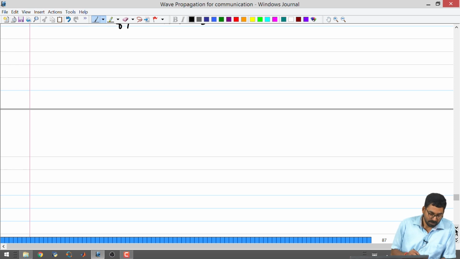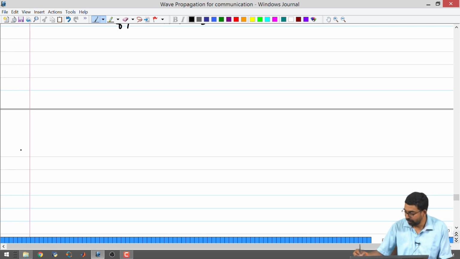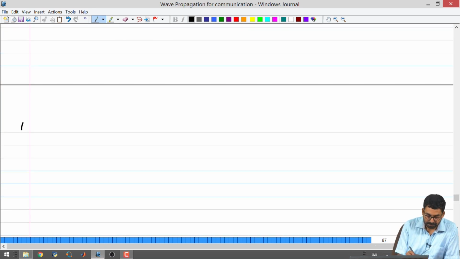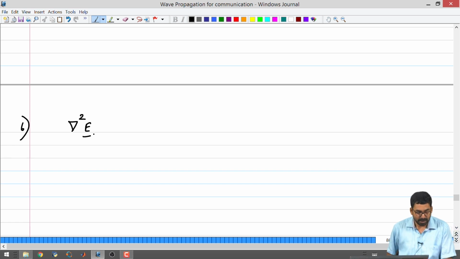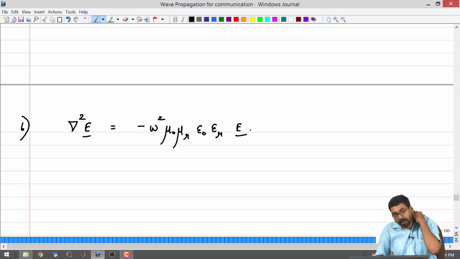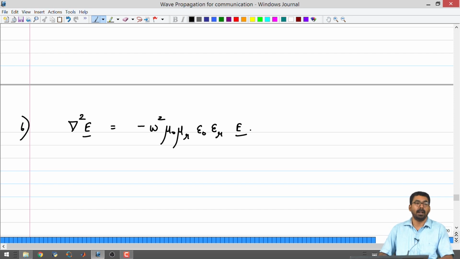Now, we can go back and have a look at our modifications to the wave equation. Del square E can be written as minus omega square mu naught mu r epsilon naught epsilon r E. This is how we would have written it in the frequency domain, assuming that you have a single frequency source of electric and magnetic fields.